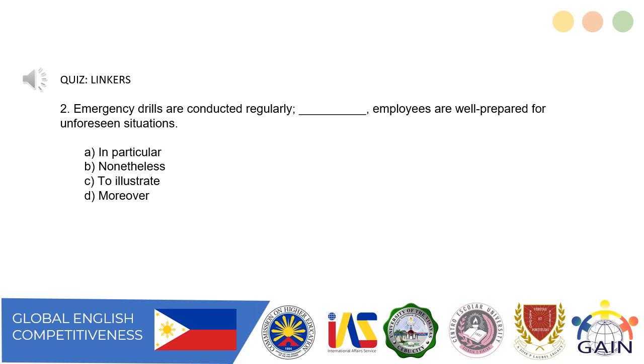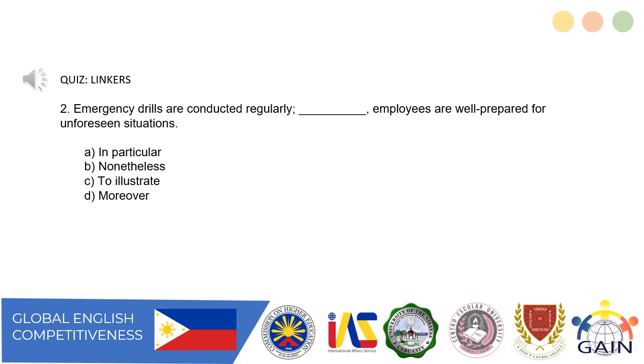Number 2. Emergency drills are conducted regularly. Blank, employees are well prepared for unforeseen situations. Which linker is the correct answer? Is it A in particular, B nonetheless, C to illustrate, or D moreover? The correct answer is letter D, moreover.